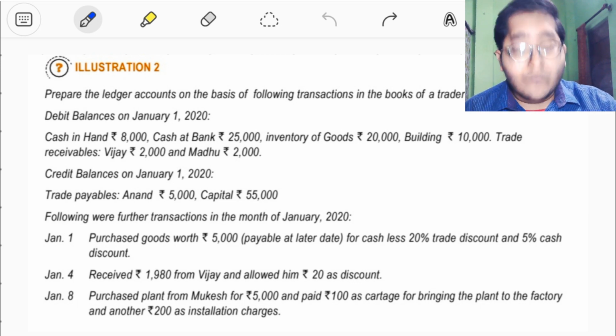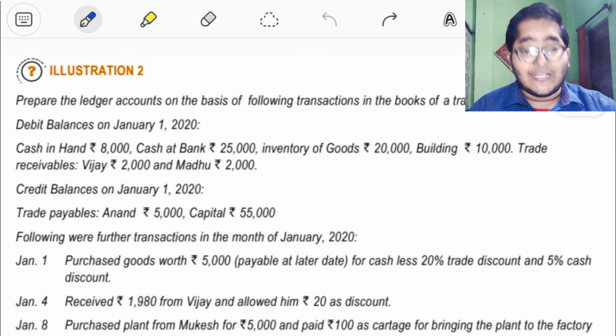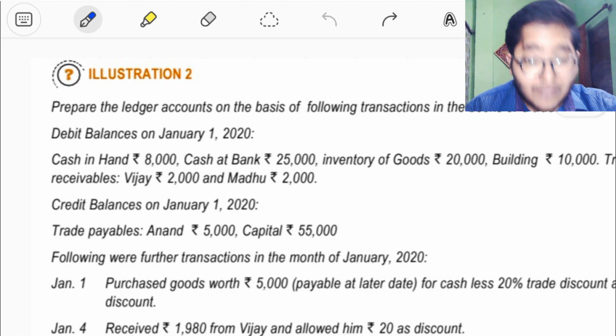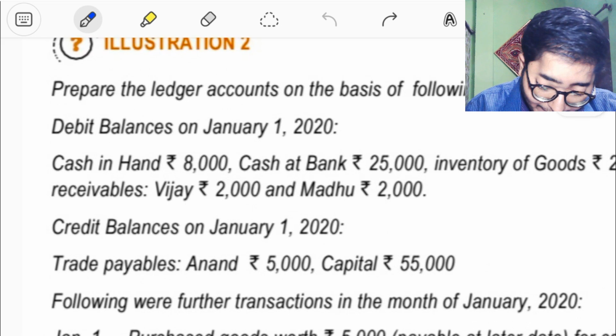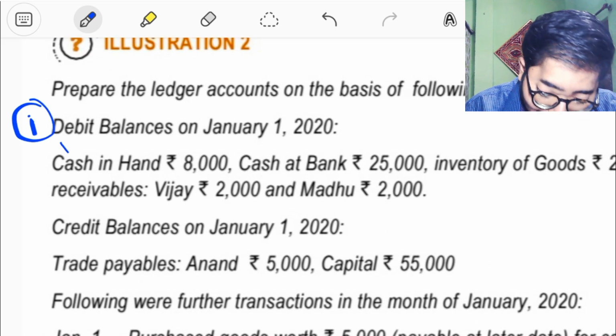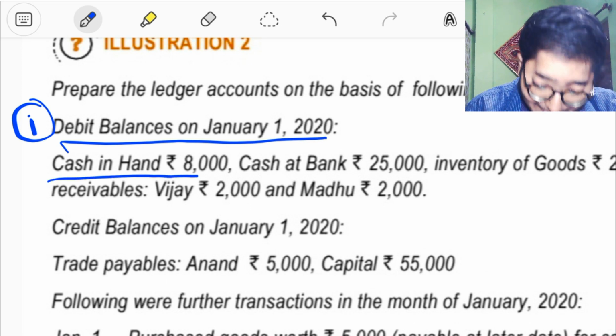For this sum, we would be journalizing first and then we will be posting these entries in the ledger. The first information provided in this sum is the debit balances as on the opening date. Cash in hand, rupees 8,000.